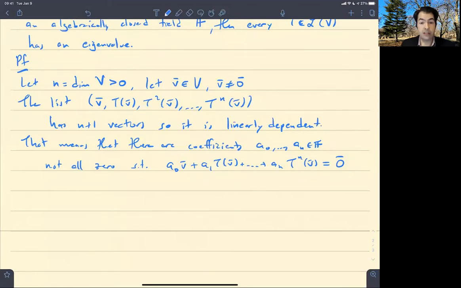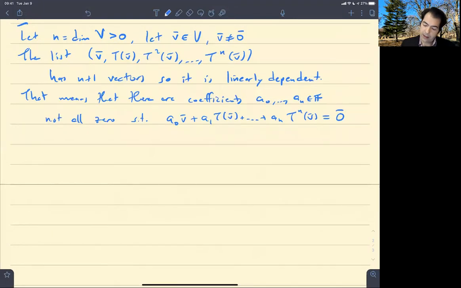They're linearly dependent, so there is some non-trivial linear combination equal to 0. So pick one. Now I know that not all of the coefficients are equal to 0, but of course some of them might be equal to 0.